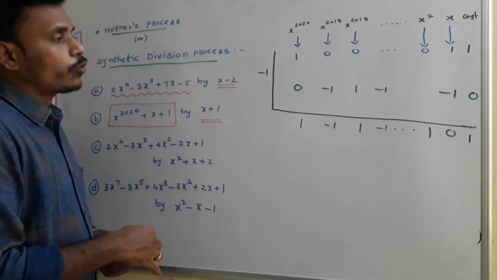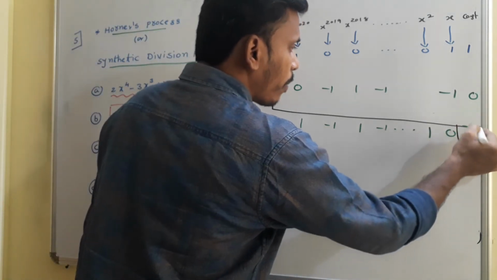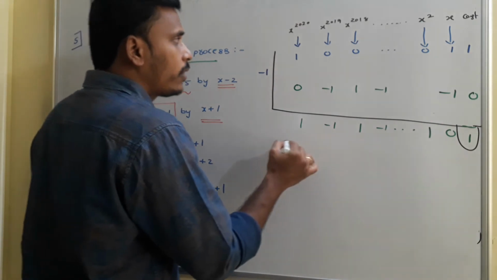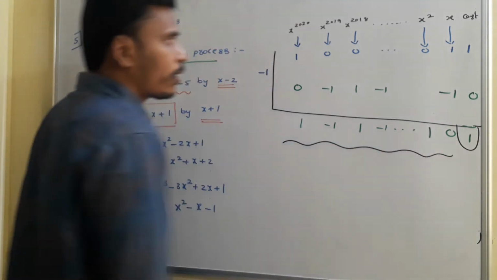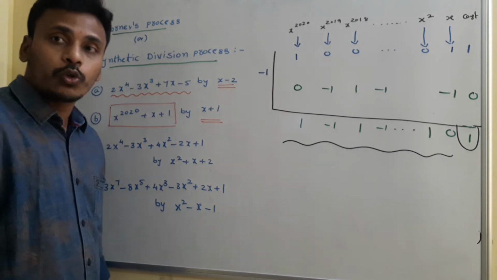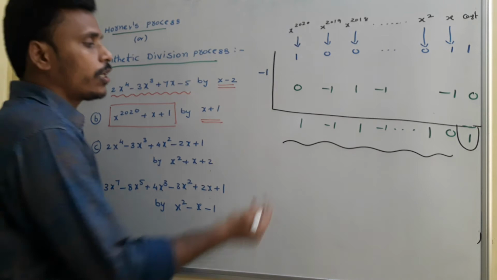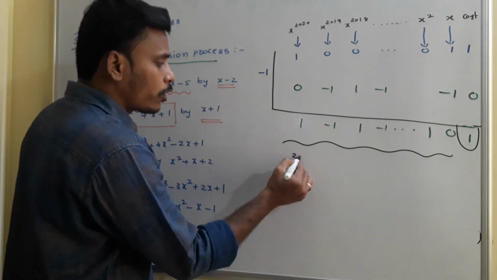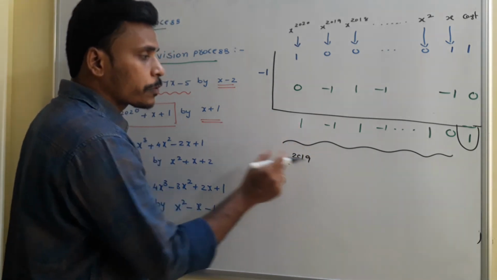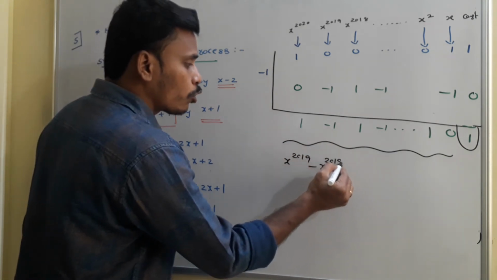So finally what you will conclude? Finally, this 1 indicates the remainder. This is the remainder. And this part will represent what? Quotient. Since the given one is a polynomial of degree 2020, then it will be a polynomial of degree 2019. So this one represents x power 2019. Minus 1 represents minus x power 2018.